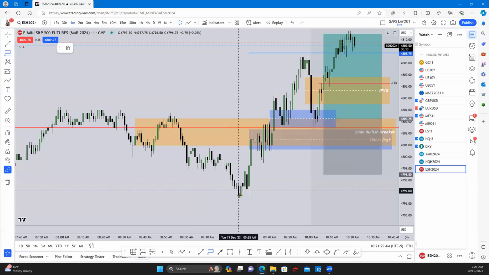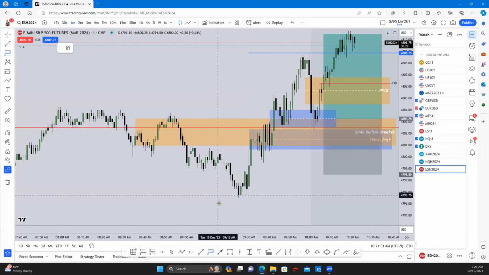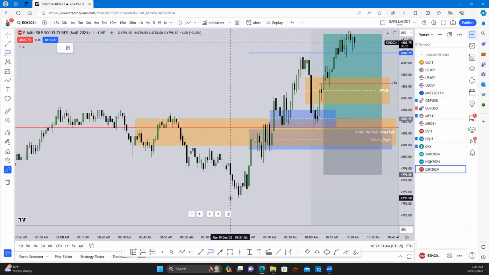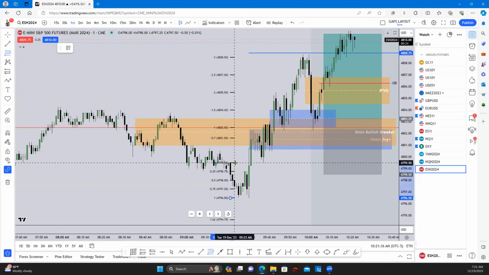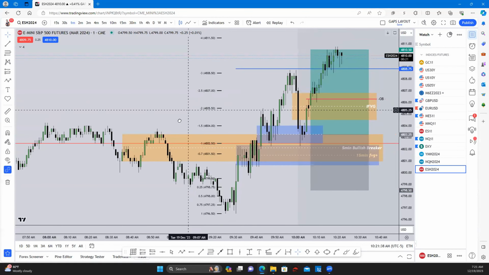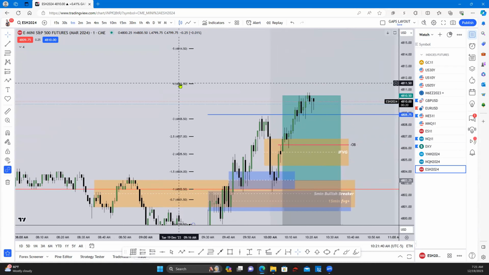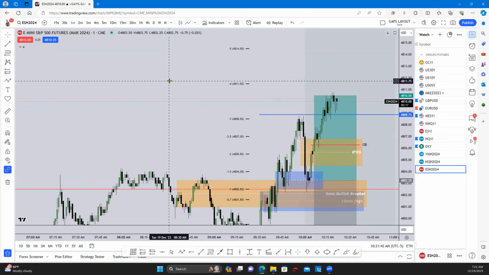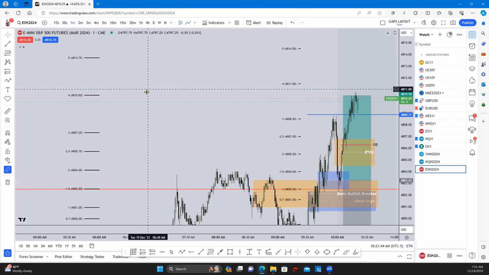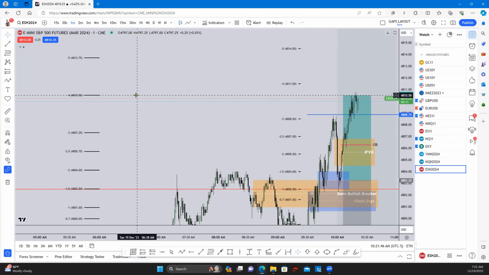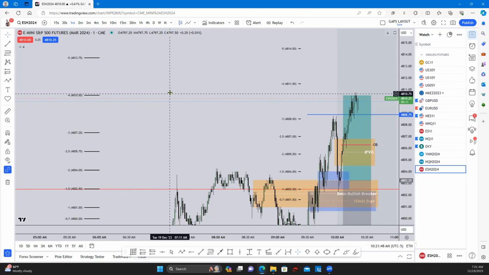Because this was the last down move before this huge up move. So we take this low, this little swing high right here, and we get 48.1150, which lines up almost with this 48.1050. So anywhere in here, you can look to set your take profit.